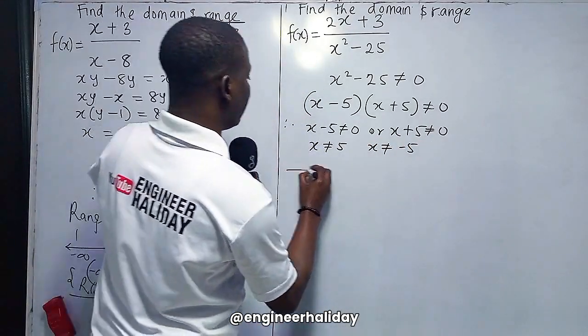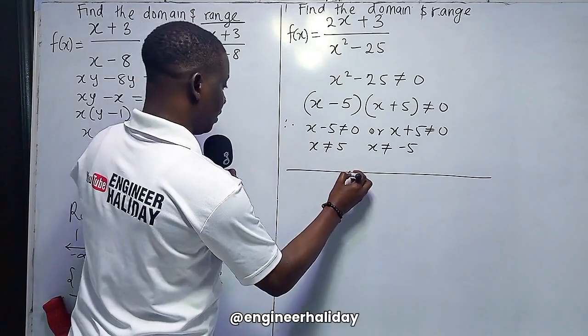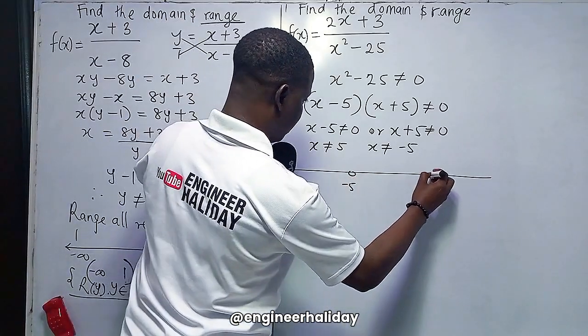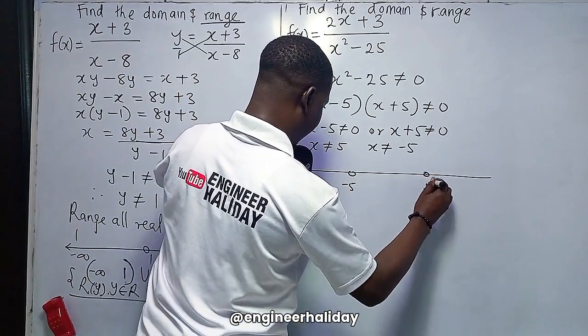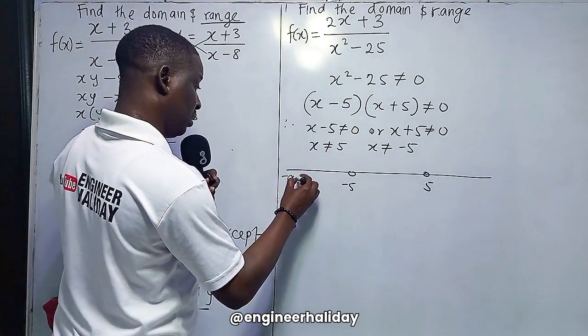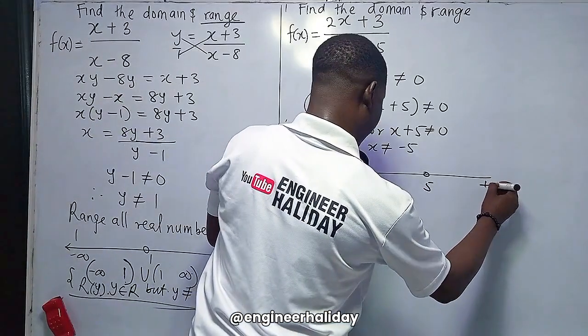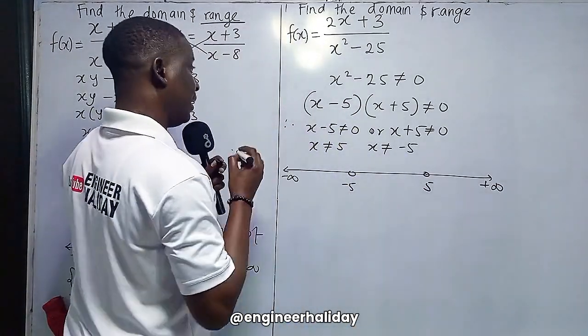So what we're going to do now, let's draw the number line indicating minus 5, then indicating 5. Let's draw a number line to do our analysis to see the validity of this.